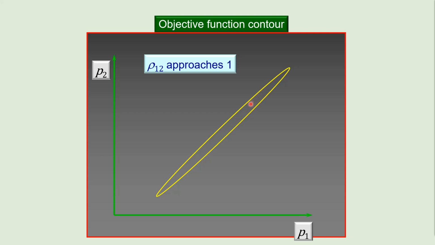That any values for parameters in here give us an objective function that is still very small. The minimum may be here, but the objective function values are very small all through here. As long as P1 equals P2, we have almost minimized the objective function.